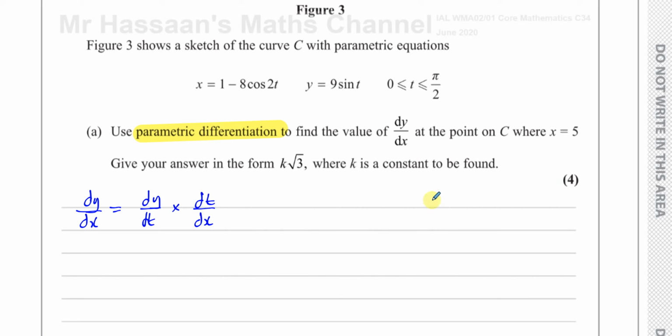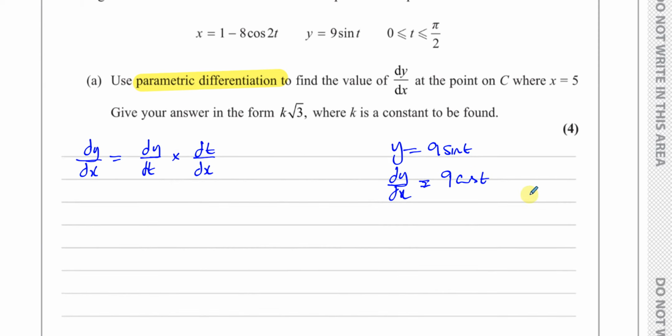Now y is equal to 9 sine t. The differential of sine of something is cosine of the same thing, so dy/dt is 9 cosine t.